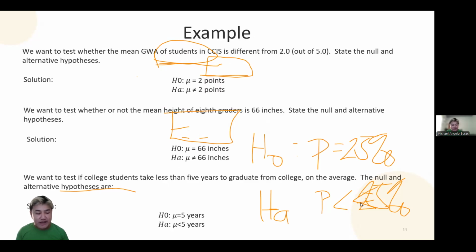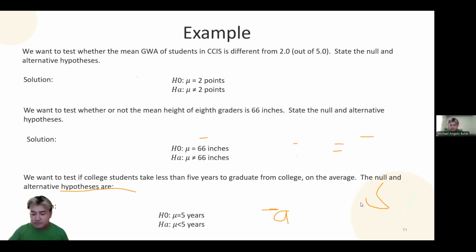Okay? Let's have other examples here. We want to test whether the mean GWA of students in CCIS is different from 2.0 out of 5.0. So let's state the null and alternative hypotheses.